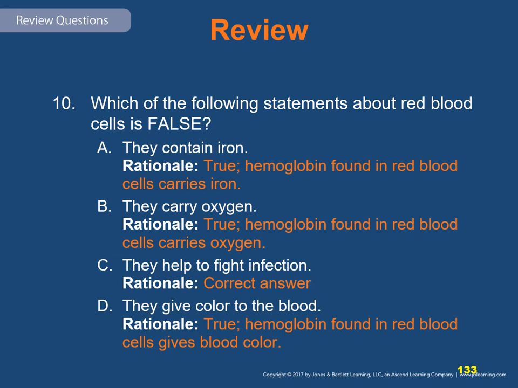C, they help to fight infection, and that's false because white blood cells fight infection in the bloodstream. And D, they give color to the blood. That's not false. It's actually true. Hemoglobin found in red blood cells gives blood its color, as I mentioned just a moment ago.